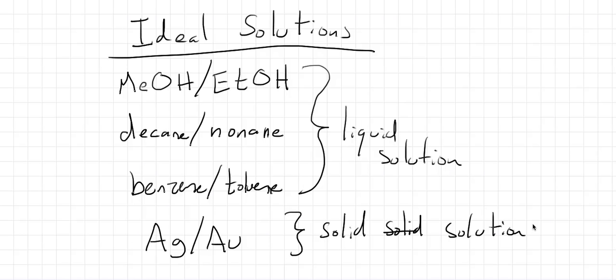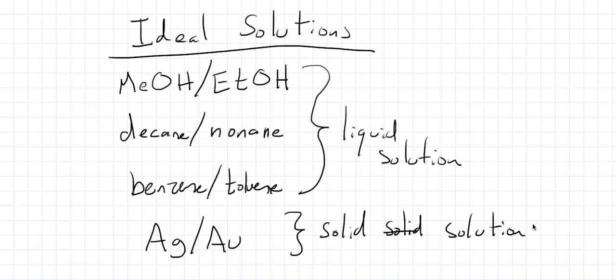And so we can vary the composition continuously. There are no crystals of gold and crystals of silver. They're mixed in evenly. It's just that it's a solid, so it's called a solid solution. We'll see later when we look at the phase diagram of silver and gold that it is very close to an ideal solution. Okay?